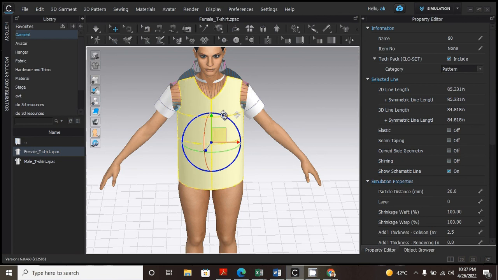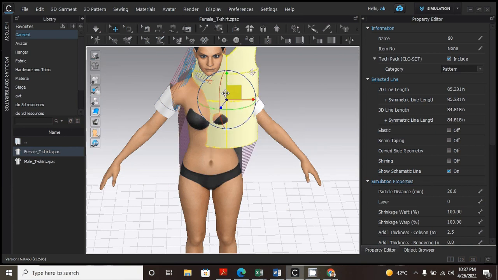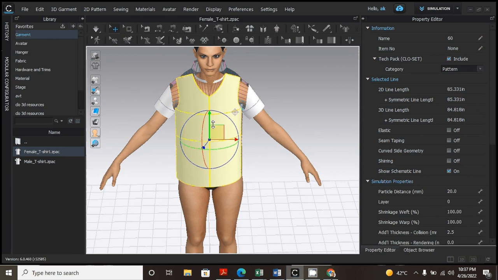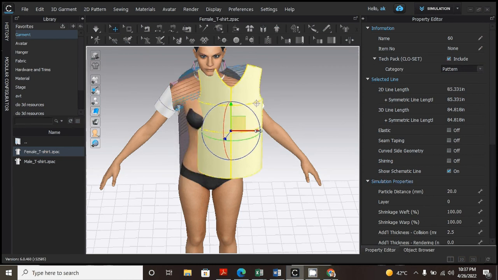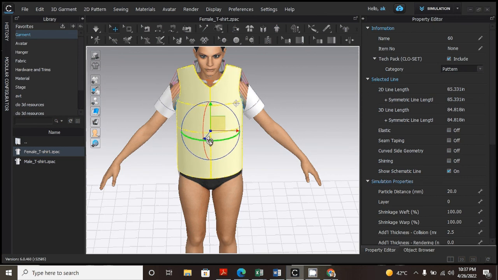Then you can select squares. As I told you, the square is for moving the object in the selected plane. Then arrows: there are three arrows in three directions, up and down, right hand side and left hand side, and inside and out.